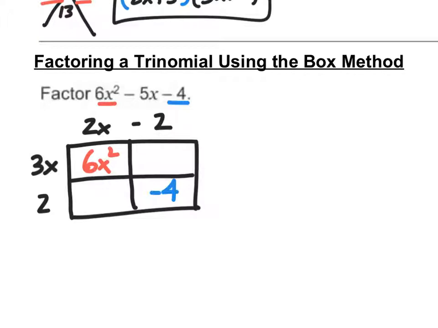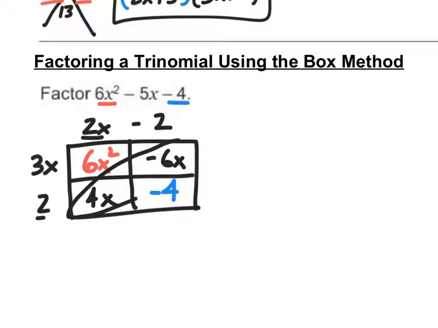Now let's take the negative 2 times the 3x, and that's going to give me a negative 6x. And then if I take the 2 times the 2x, that's just a positive 4x, so negative 6x and a 4x.